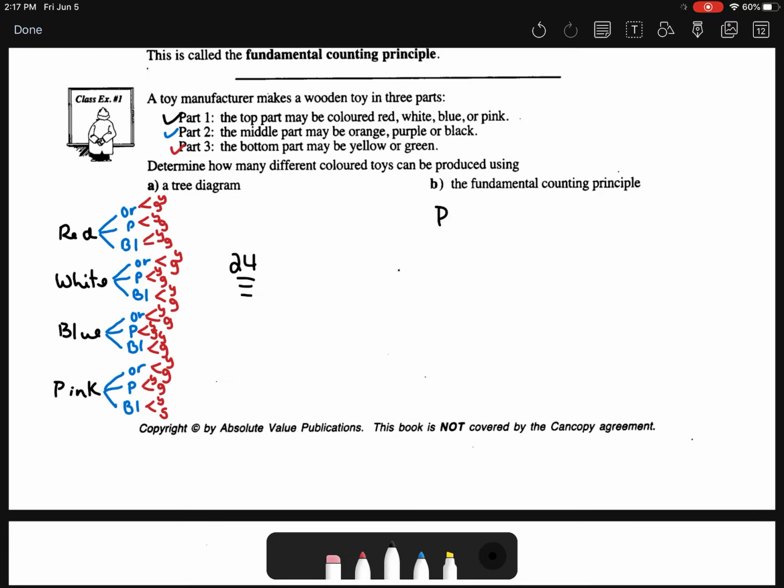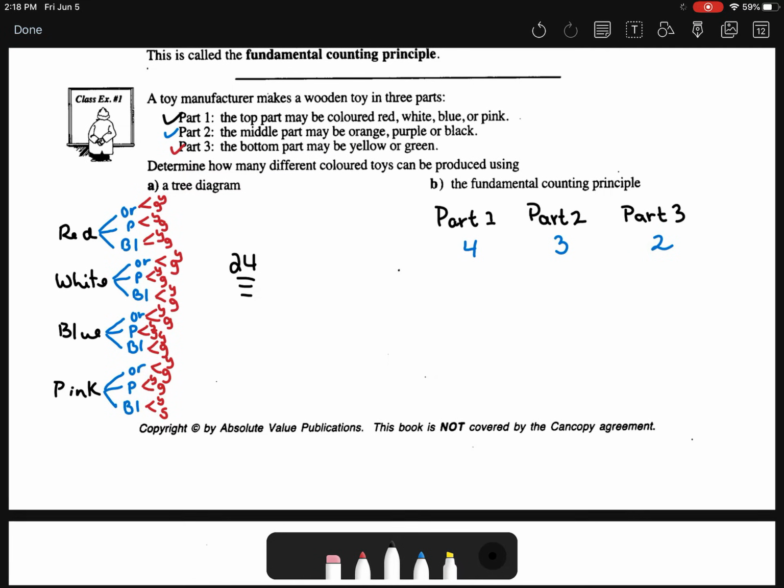Now, when I use the fundamental counting principle, again, there was part 1 in making this toy, there was part 2, and there was part 3. 3 stages. Part 1, there was red, white, blue, or pink. That was 4 choices. Part 2 was orange, purple, or black. That's 3 choices. And part 3 was yellow, green. So that's 2.